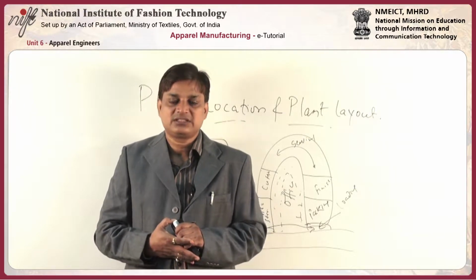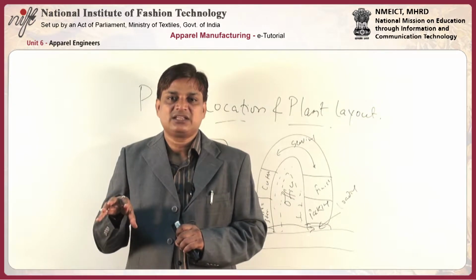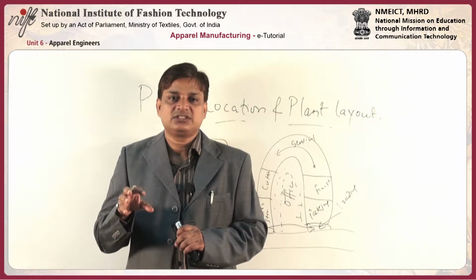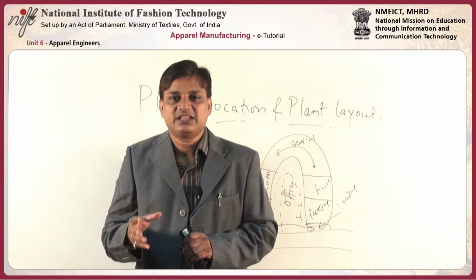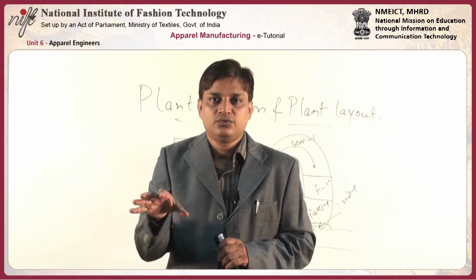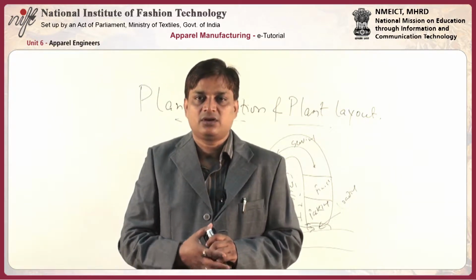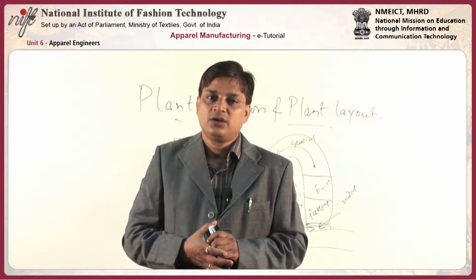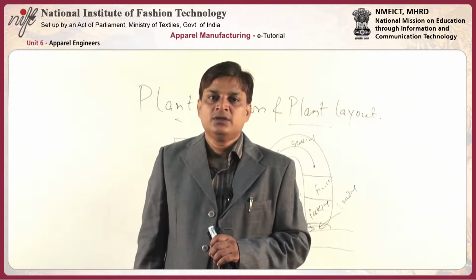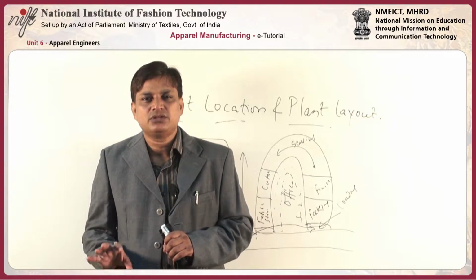It has to be discussed and selected, considering what the circumstances and requirements are for the location selection. These are the prerequisites before you go ahead with the selection or finalization of the location of the plant.